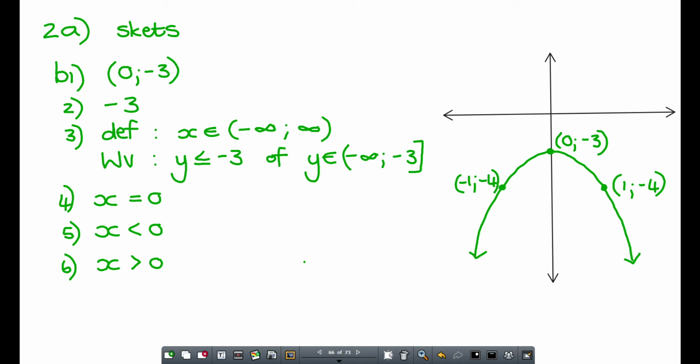What you could see is that jou grafiek was y is gelyk aan minus x kwadraat minus 3. So that minus tells me that it's going to be a sad face. Dan sien ek hierdie minus 3 beteken dat the turning point will be where it cuts through the y-axis at minus 3.